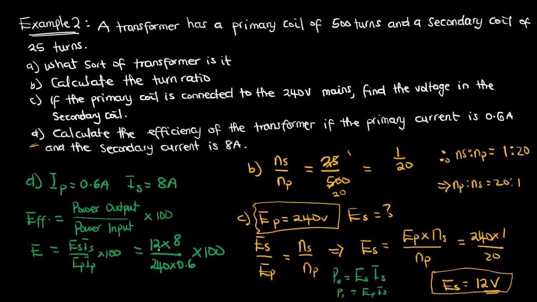So 12 multiplied by 8 gives us 96, and 240 multiplied by 0.6 gives us 144. Then all of this multiplied by 100 gives us a percentage of 66.67%. So the efficiency of the transformer is this. But if you were asked to convert it to the nearest whole number, then this becomes 67% efficiency for the machine.